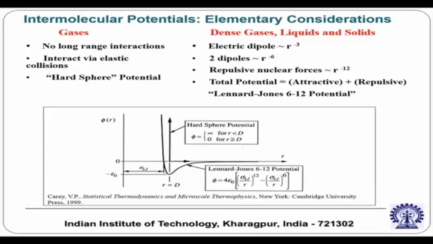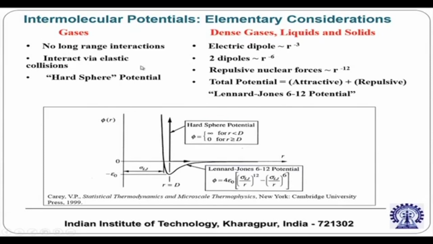In reality you do not have to go to infinite r because calculation with infinite distance is computationally very involved. So there is a cutoff distance, beyond which the potential goes to 0.